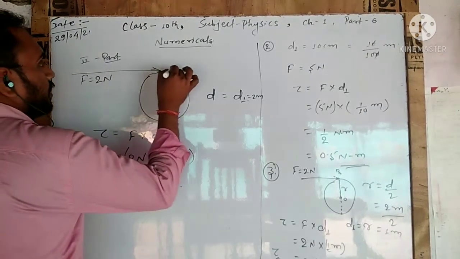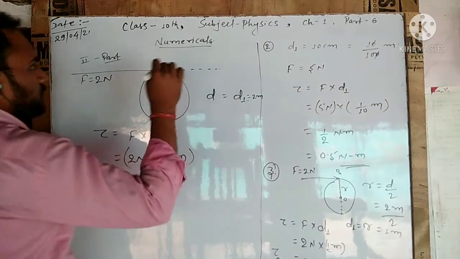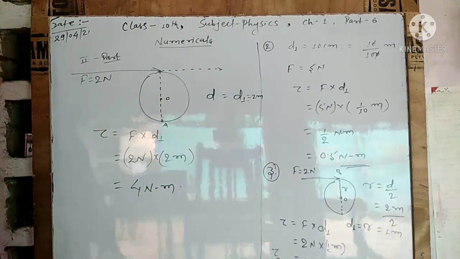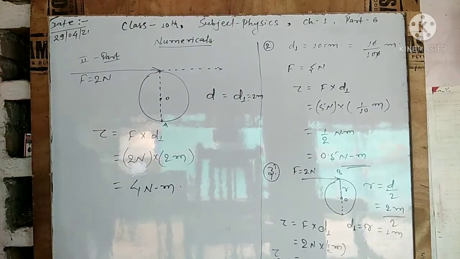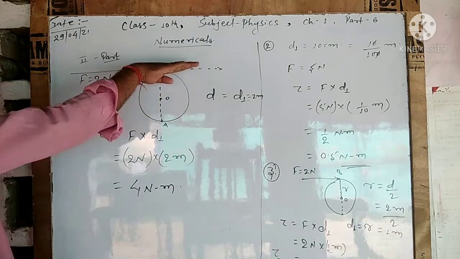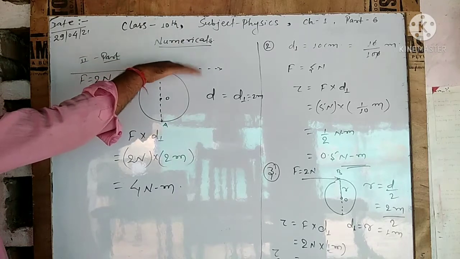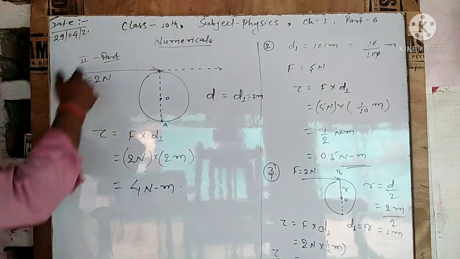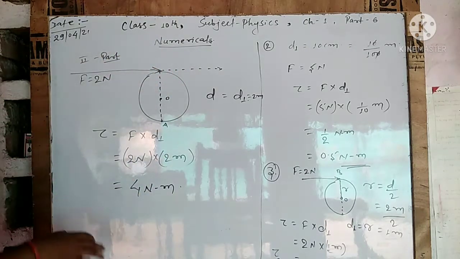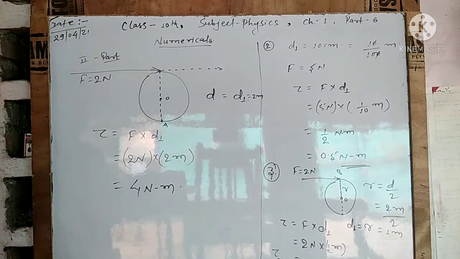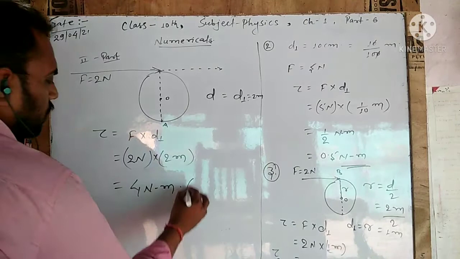The line of action of force is in this direction. You simply put your thumb on the line of action of force and rotate towards the perpendicular distance, so its direction will be clockwise. That's why the answer is written as clockwise direction.